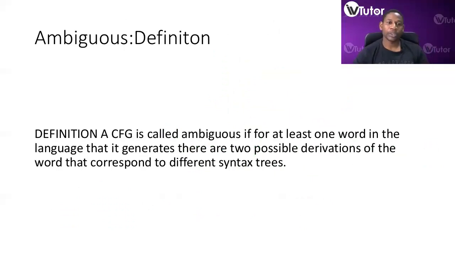We say a context free grammar is called ambiguous if for at least one word in the language that it generates, there are two possible derivations for the word that correspond to different syntax trees. Syntax trees. Right. What is a syntax tree? So we have what we call a tree diagram. It shows the derivation of the word.